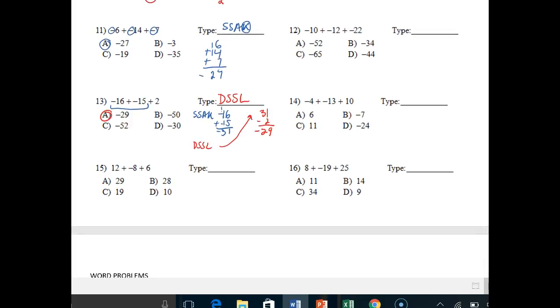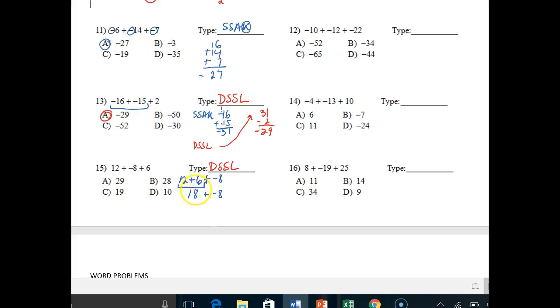Same thing with number 15, right? Different signs, right? I have both positives and negatives, so I'm going to end up using DSSL. But it makes sense to rewrite this problem as 12 plus 6 plus negative 8. Now I can say, oh, look at this. I can just do 12 plus 6 first, which is 18 plus negative 8. And now I have my DSSL.